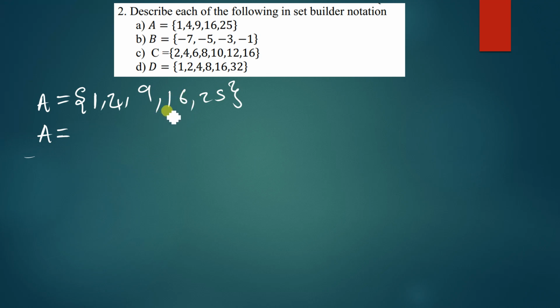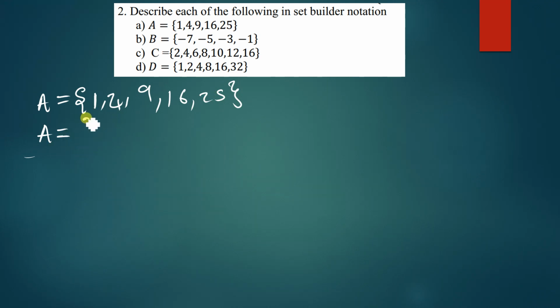You can write it in that way because when you're using set builder notation, you can describe a set either mathematically or using words, inside the brackets. In this case, I can use mathematical symbols to describe this set.